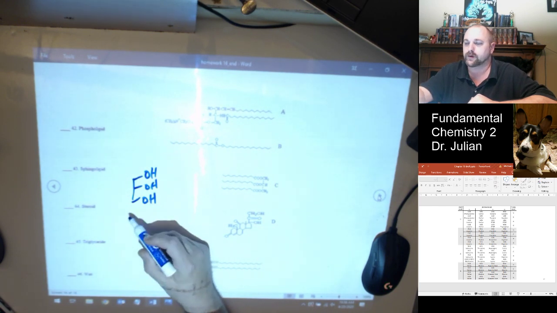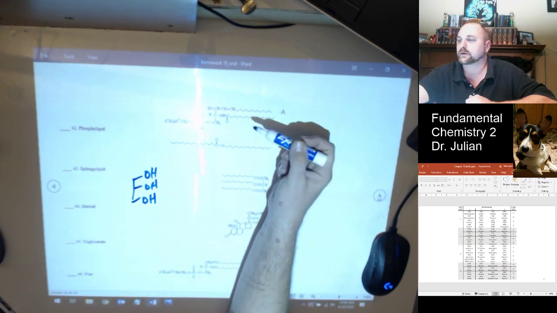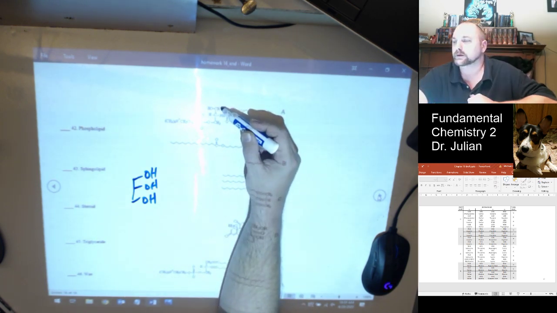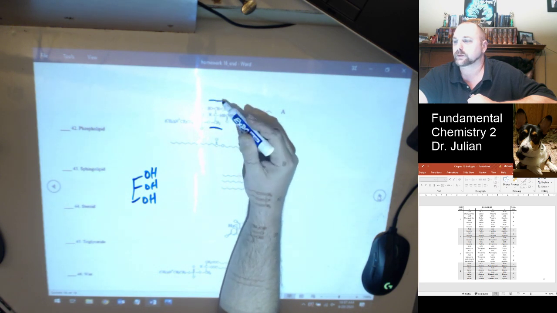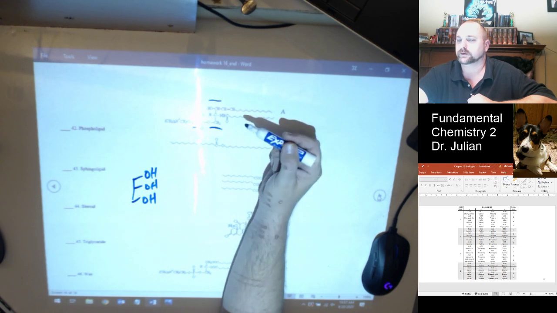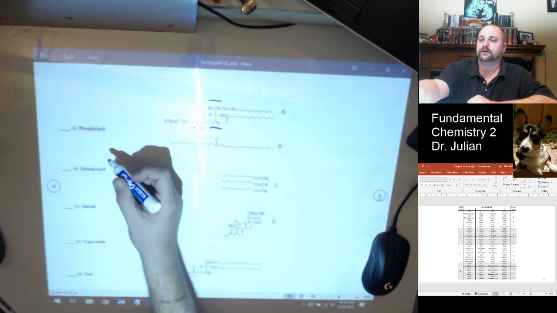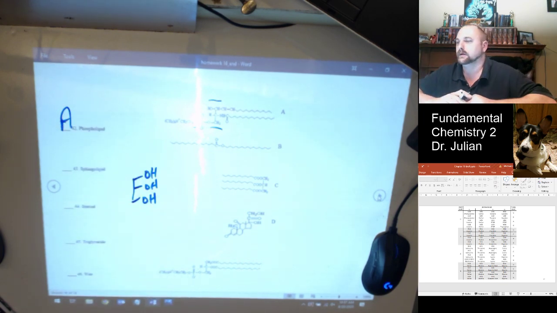And if it's a steroid, it's got that ring structure. So I'm going to start with the CH2CH. This right here is my glyceride, but it has phosphorus. And so the phospholipid has a glyceride with phosphorus.